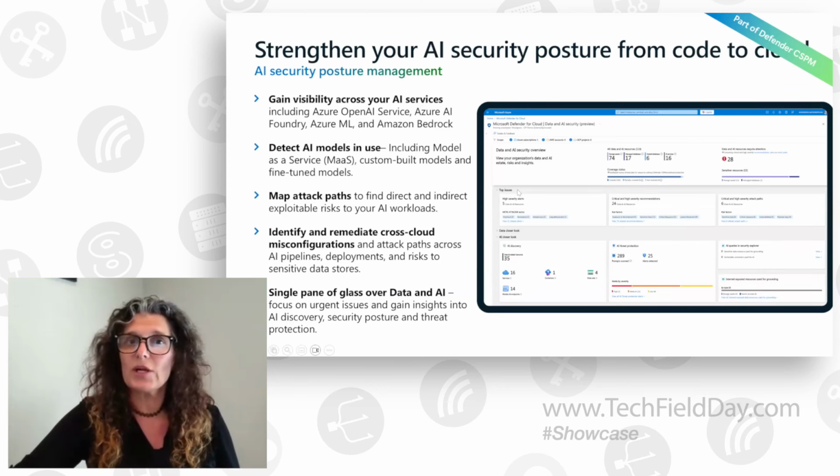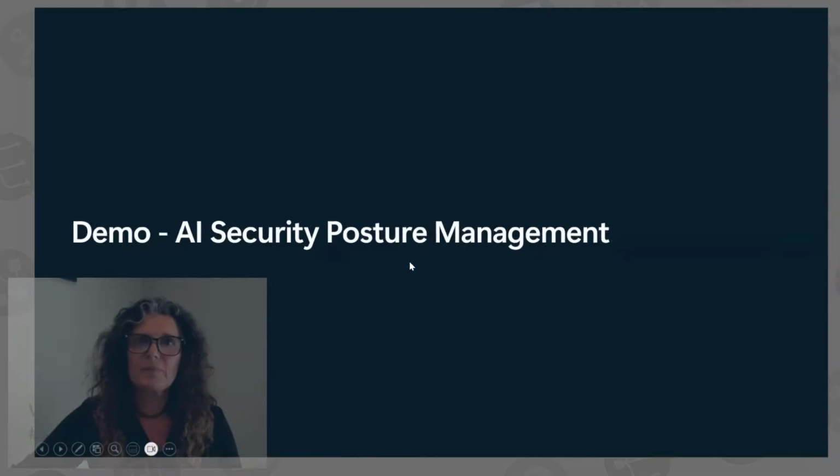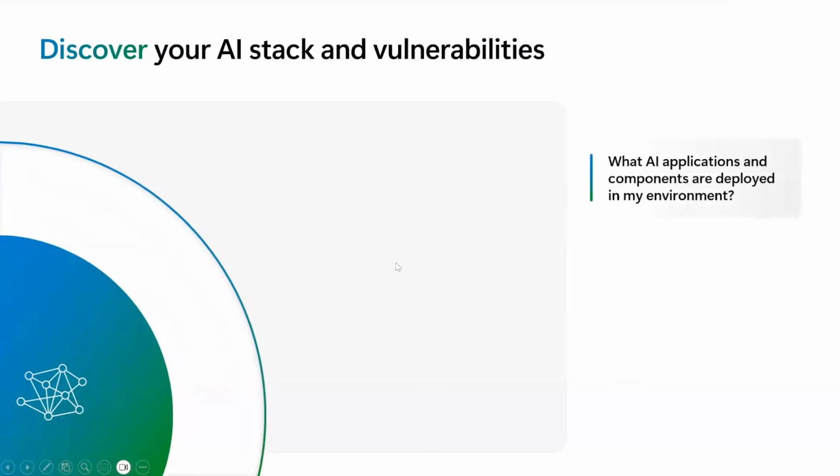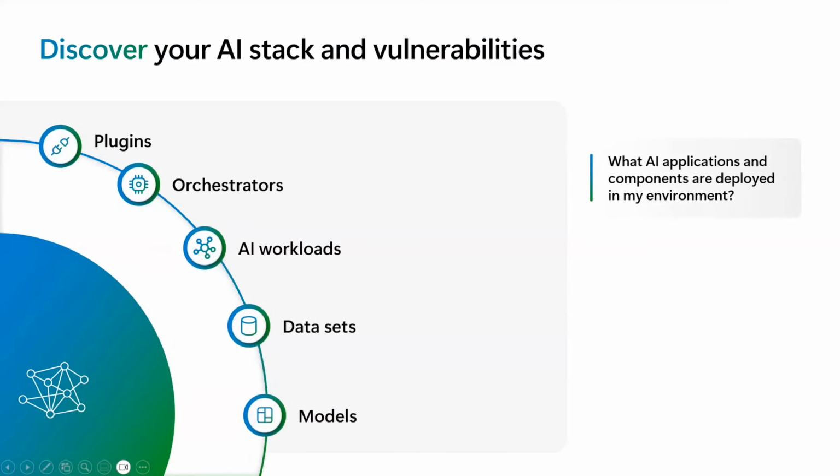In security posture, you want to get visibility of all the applications that you have in the organization, everything that's running, what their attack path is. You want to detect all the models in use. You want to identify and remediate the misconfigurations. And of course, you want to have a single pane of glass to see everything together. So let's start with the security posture management demo. The first thing you want to do, as we said, is discover.